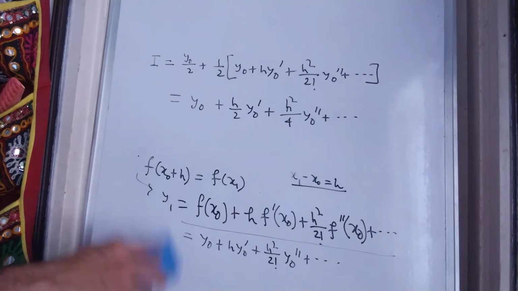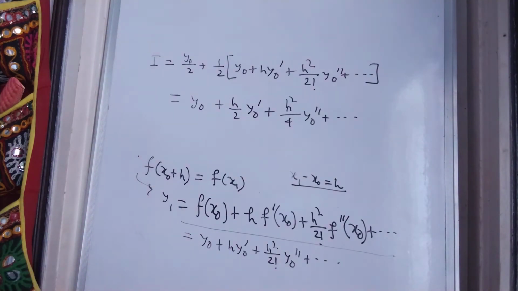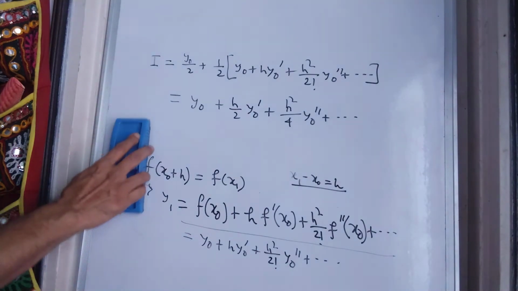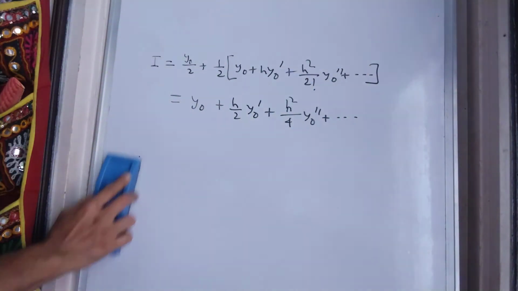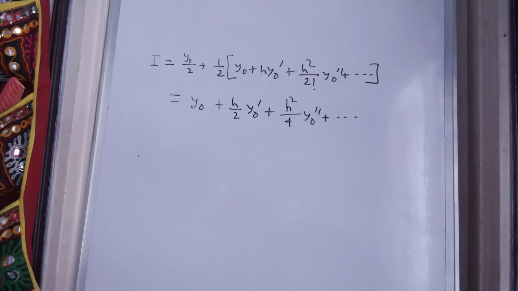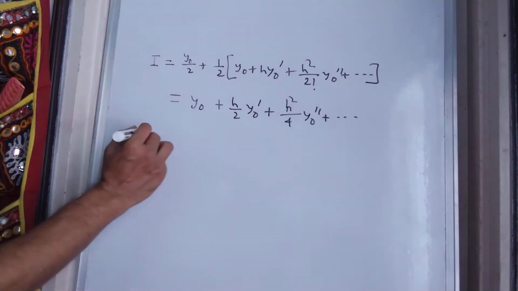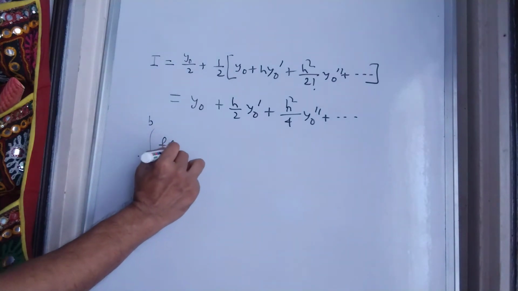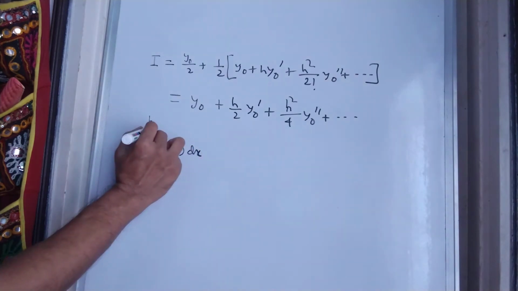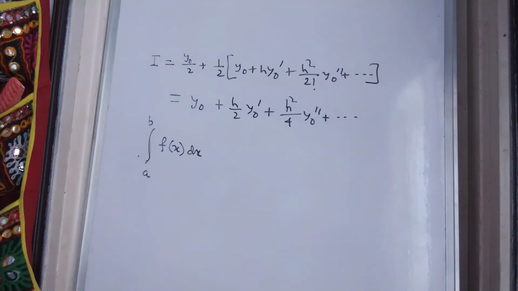Now let us calculate the same with the help of this Taylor's series expansion, as in the actual integral. What is our actual integral? Our actual integral is nothing but the integral a to b fx dx, isn't it so?